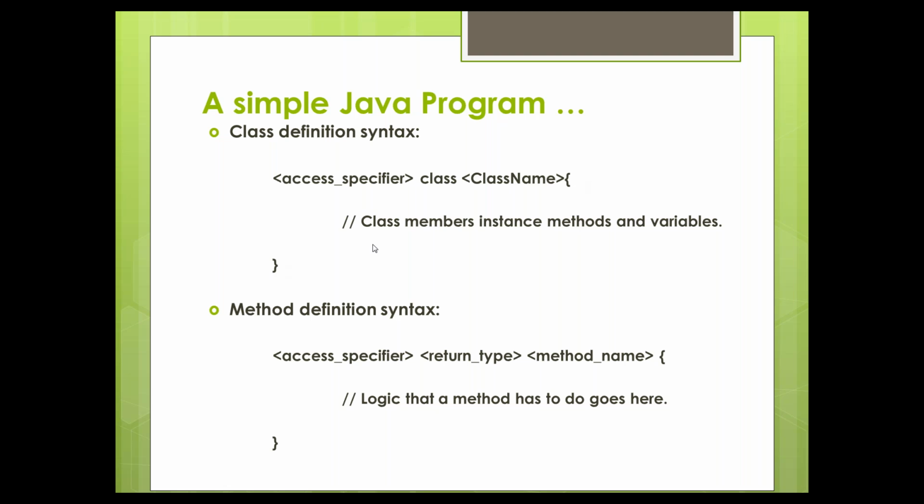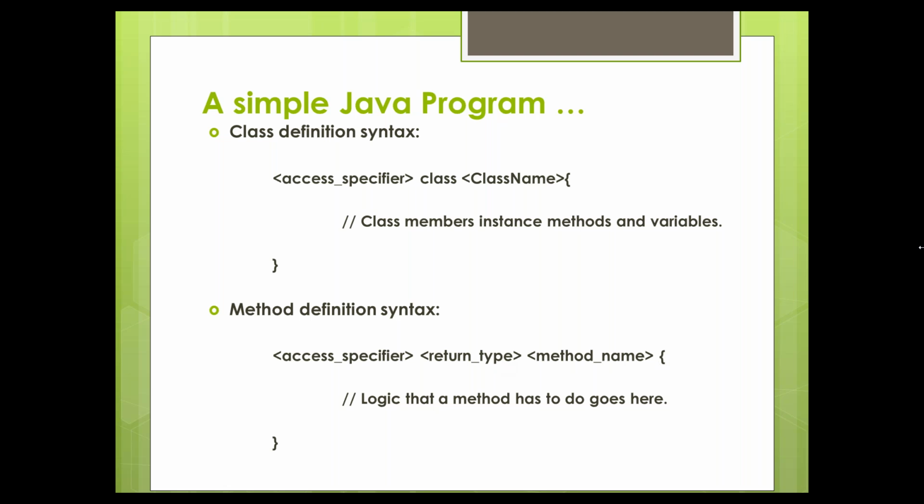Similarly, you have the method definition, which starts with your access specifier like public, and then you will have your return type. Then the name of the method, and then, I forgot to include the parenthesis after the name of the method, through which you pass your arguments or parameters to the method.